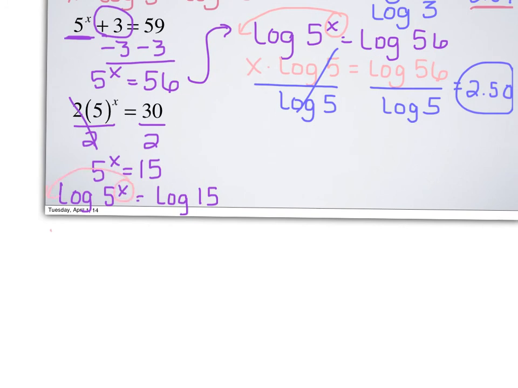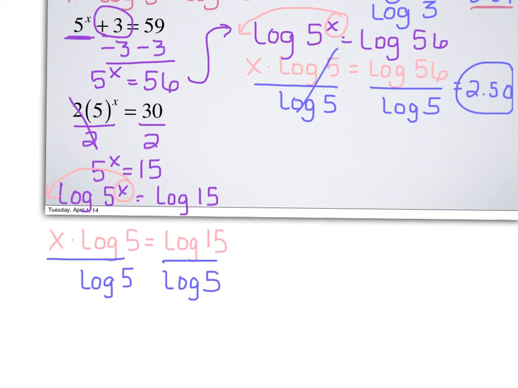So now I have x times log 5 equals log 15. I'm going to divide by the log 5. This is gone. This is going straight in my calculator, and I'm going to get an answer of 1.68.